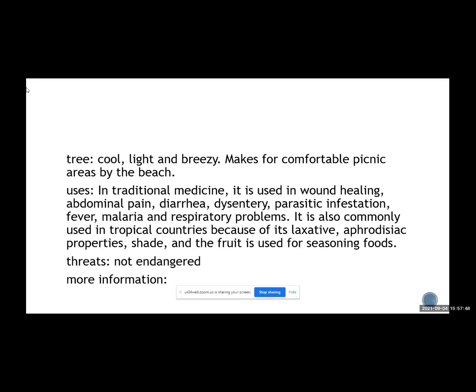Uses. In traditional medicine, it is used in wound healing, abdominal pain, diarrhea, dysentery, parasitic infestation, fever, malaria, and respiratory problems. It is also commonly used in tropical countries because of its laxative and aphrodisiac properties. Shade, and the fruit is used for seasoning foods.